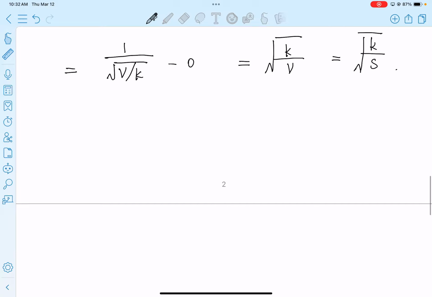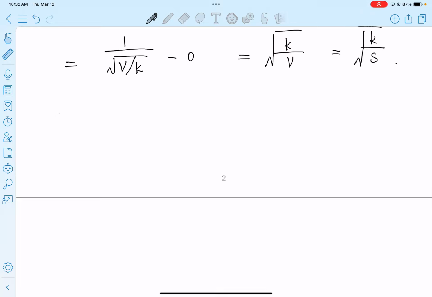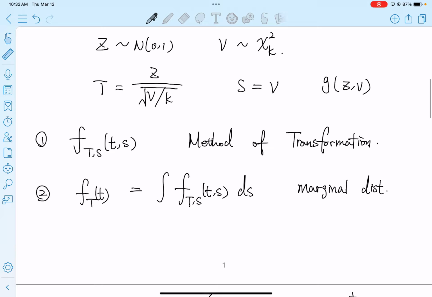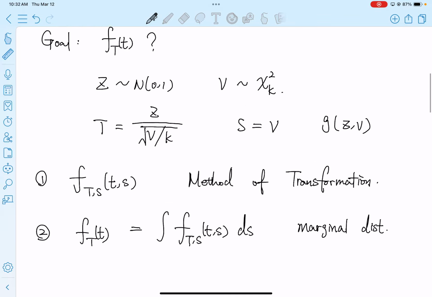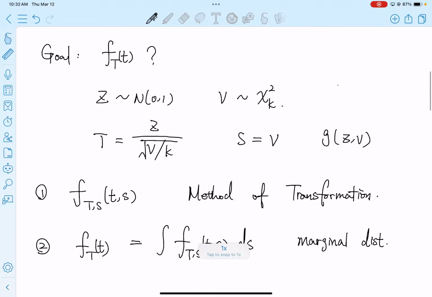Okay. So first of all, let's find the joint for z and v. And here, there's one more component I need to mention, which is that z and v are independent. So here, let's assume that they're independent.